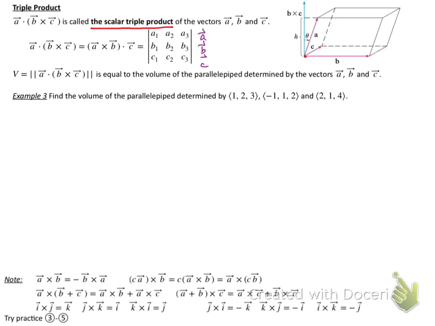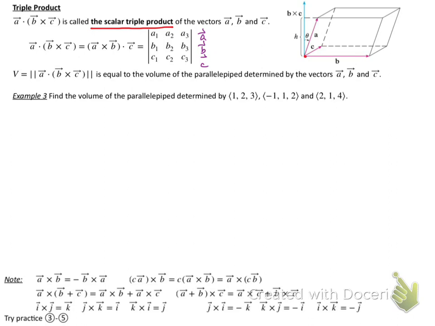And when you do this scalar triple product, or rather when you do the determinant of the 3 vectors A, B, and C together, you are getting, well, by the way, this number could be positive or negative. When you take the absolute value of it, you are going to get the volume. This is a 3-dimensional thing. So you are going to get the volume of the parallelepiped.